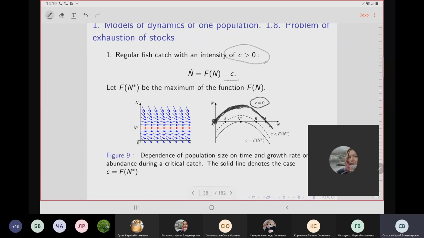When we increase C, the right-hand side function will decrease. So all the function goes down along the n dot axis. So if we increase C, we see this picture.